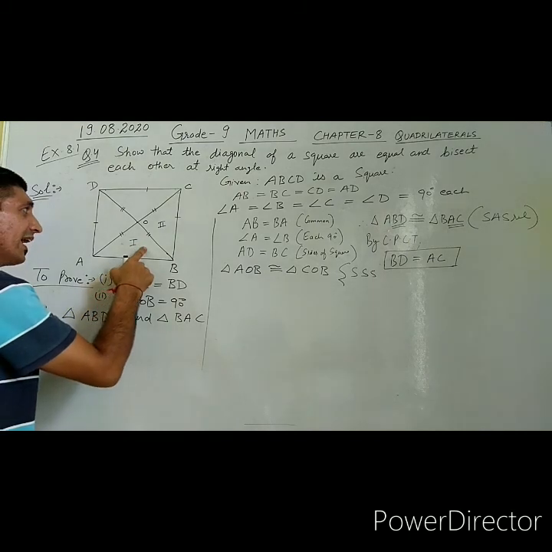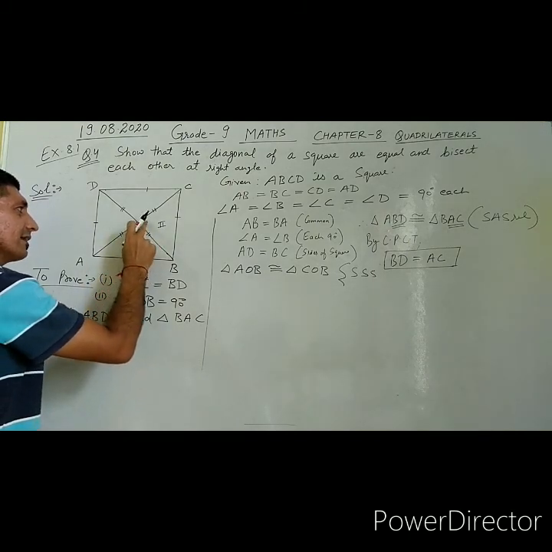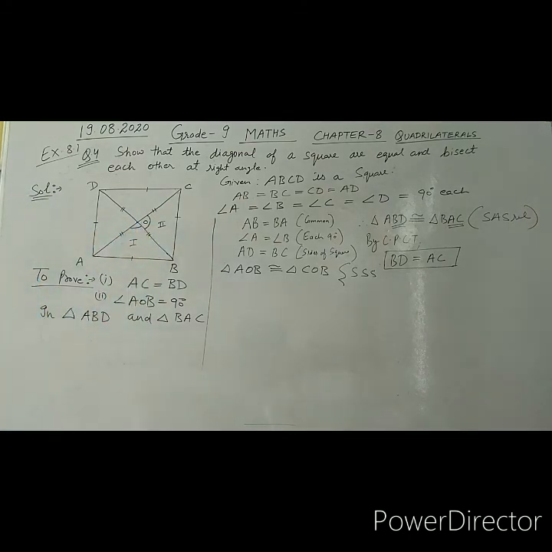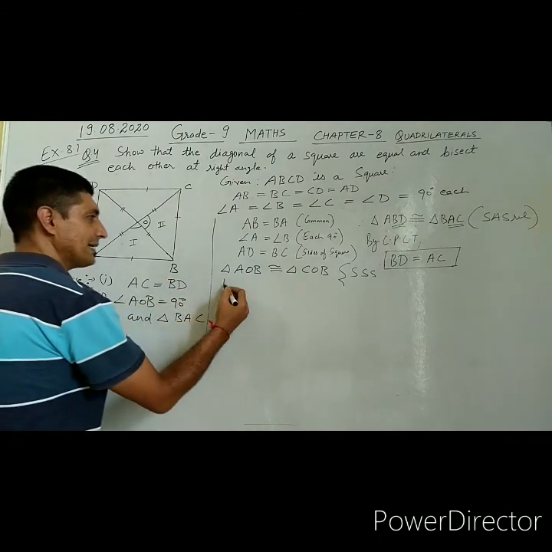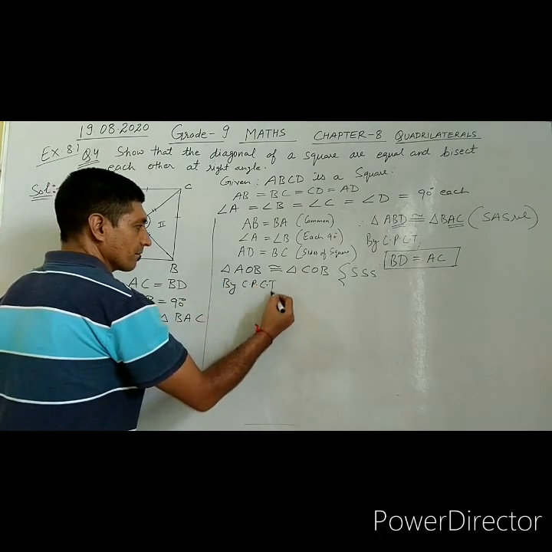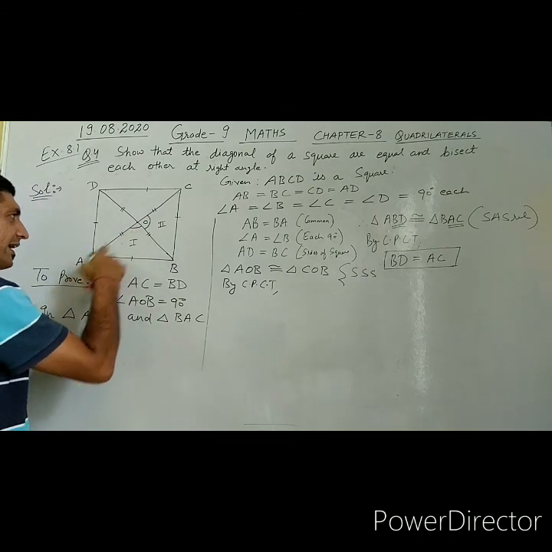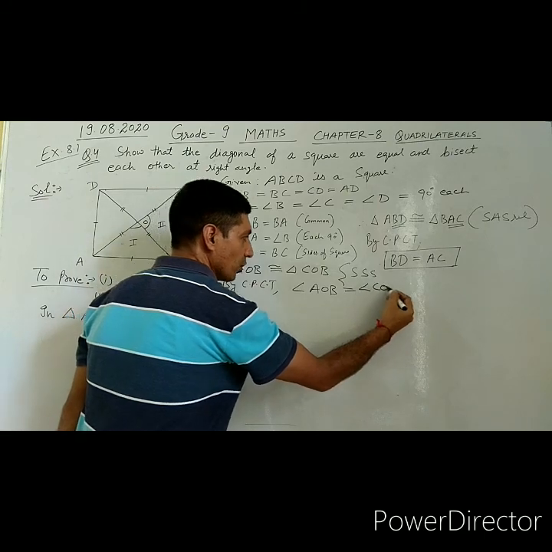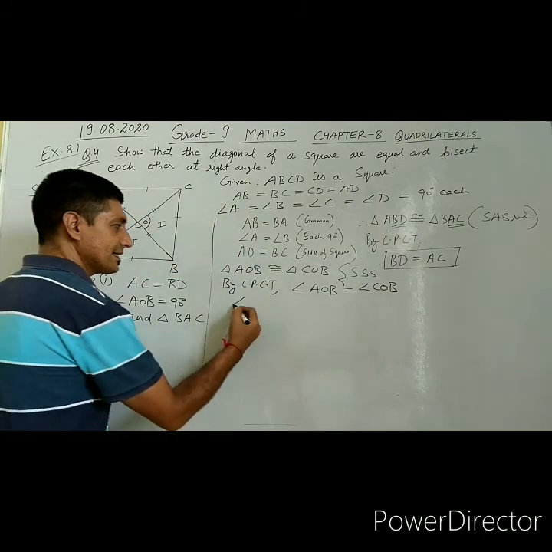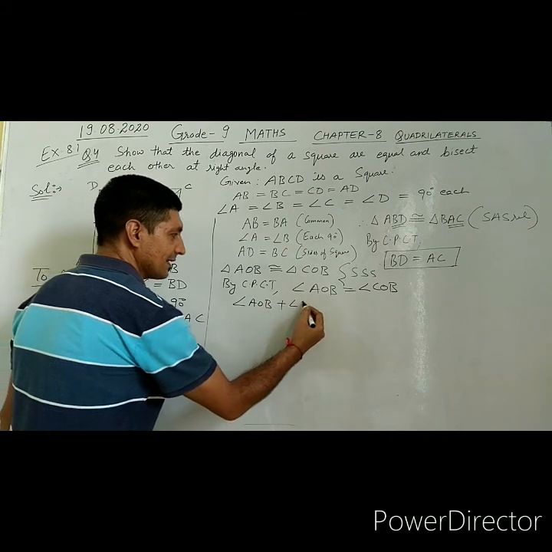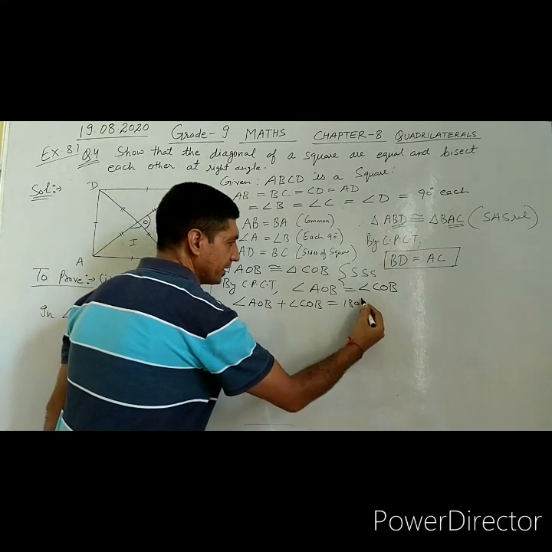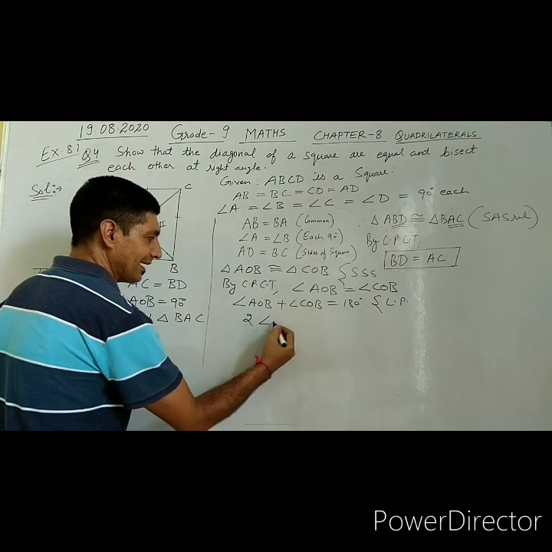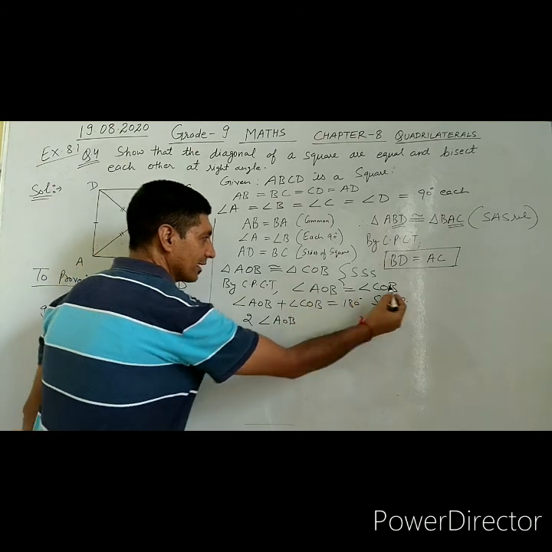Now this angle and this angle form a linear pair. By CPCT, angle AOB is equal to angle COB. But angle AOB plus angle COB is equal to 180 degrees, the linear pair of angles.